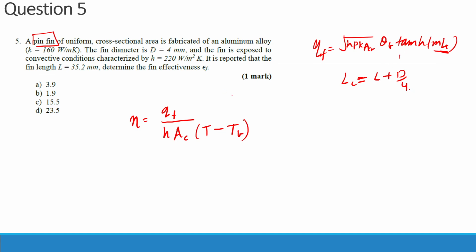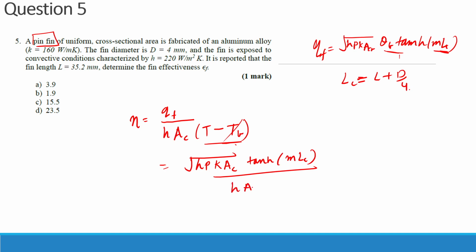So you can put this over here, so this theta b and this entire term will get cancelled out. So you will be getting under root of h P k A_c into tanh(m L_c) upon h A_c. So now you can just put all the formulas over here in order to find the fin effectiveness.